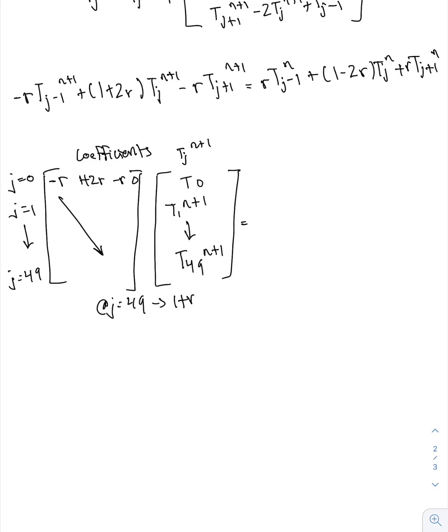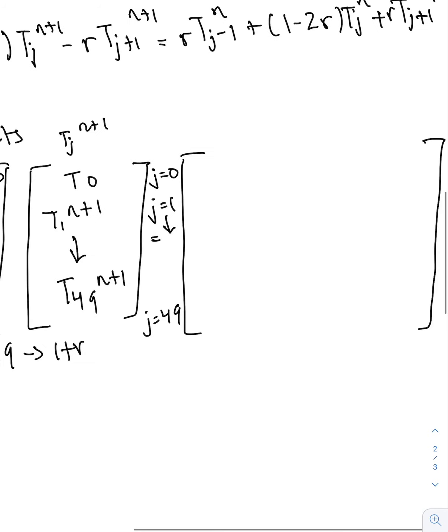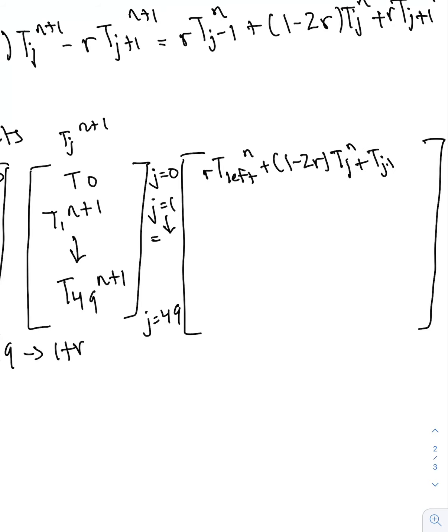And that'll equal the last matrix, starting off at j equals 0 again to j equals 1, all the way down to j equals 49. Here we're going to have our temperature, the left boundary, n plus 1, minus 2r Tj to the n, plus Tj plus 1 to the n, plus, I'll write an arrow here, sorry for running out of space, r times the left boundary temperature to the n.